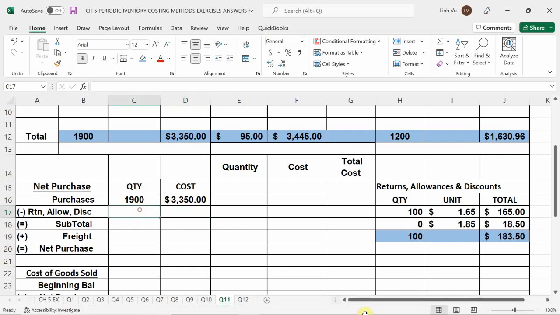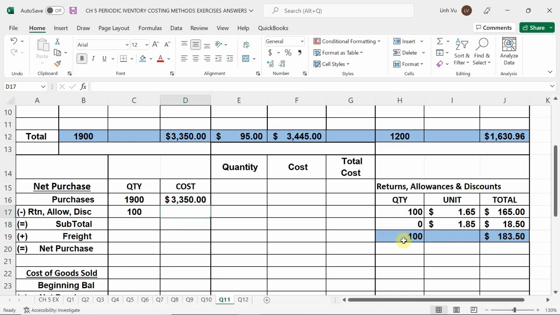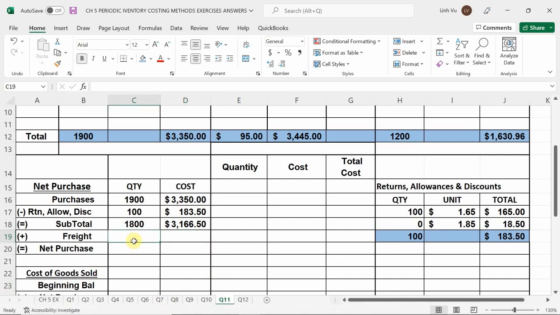We ended up returning 100 units at a total cost of $183.50. Okay. So again, they should reduce your purchases. Okay. So now you get 1,800 units at $3,166.50.